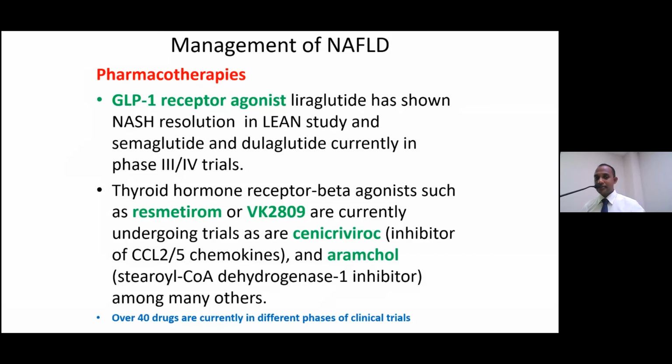There are so many other drugs which I have mentioned in green, very difficult to pronounce sometimes. These are being tested, and to be frank, there are now about 40 drugs being tested at different phases of clinical trials regarding efficacy in non-alcoholic fatty liver disease.